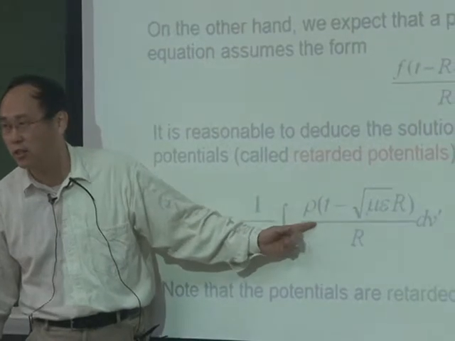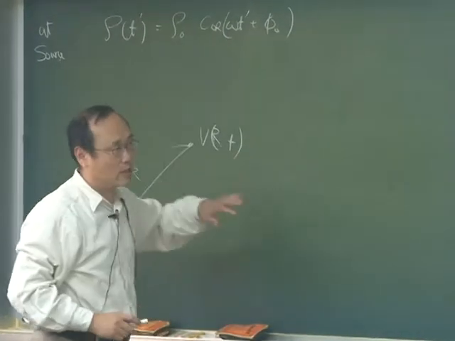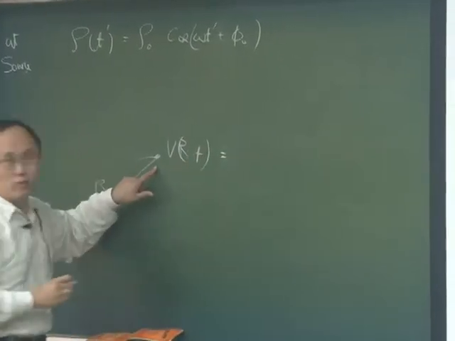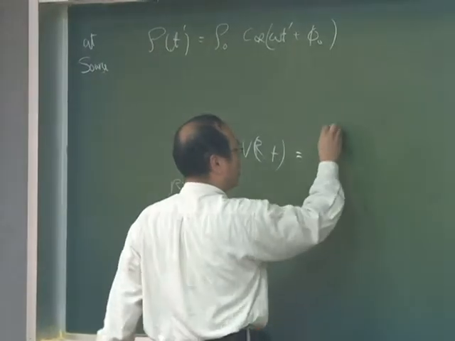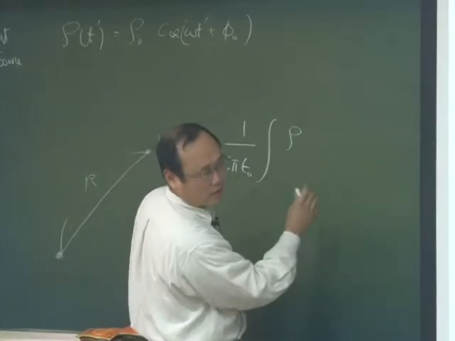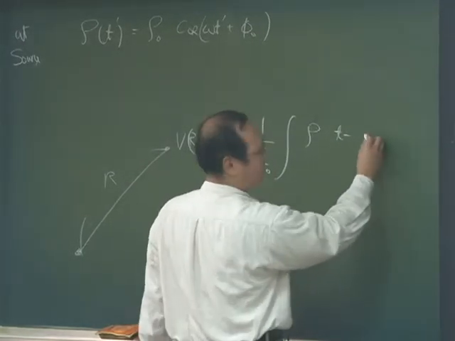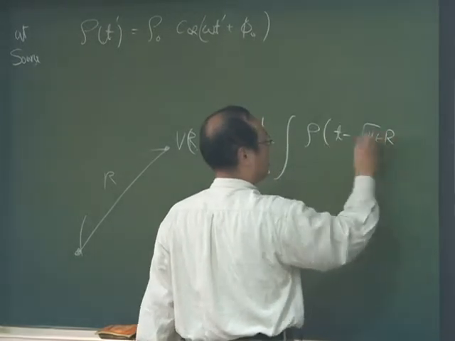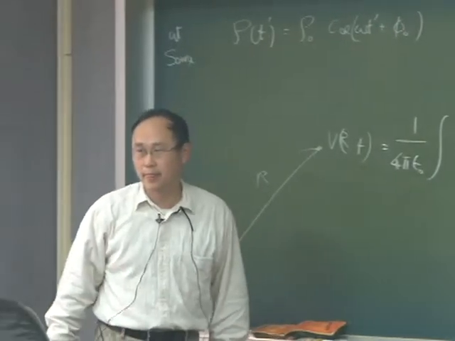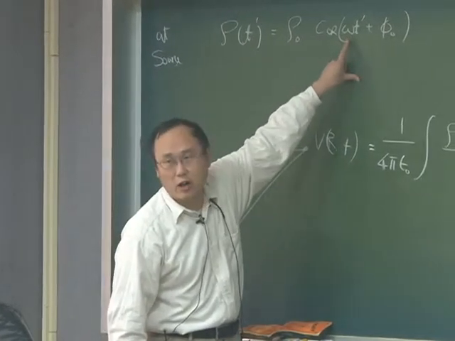From this expression, you know that the electric potential at R has to follow this form. It must fit this form. So what do you put in here? Your V(R,t) at this location has this form: rho of t minus square root mu epsilon r, integrated over your source, divided by r. But your source oscillates with a frequency of omega.